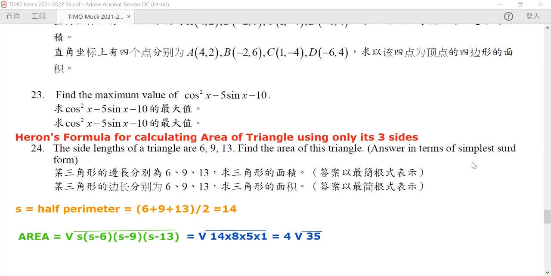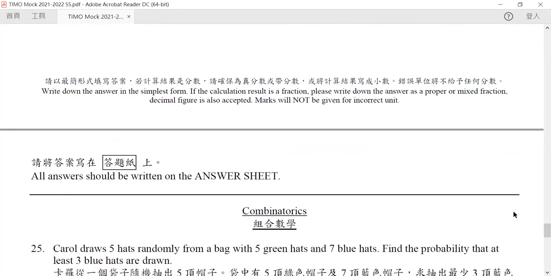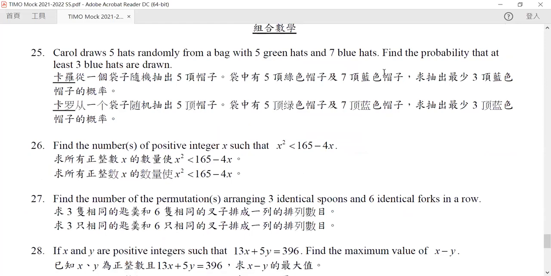Okay, so this is question 24. Now let us go on to question 25, our last part of this question, which is combinatorics. Carol drew 5 hats randomly from a box with 5 green and 7 blue.